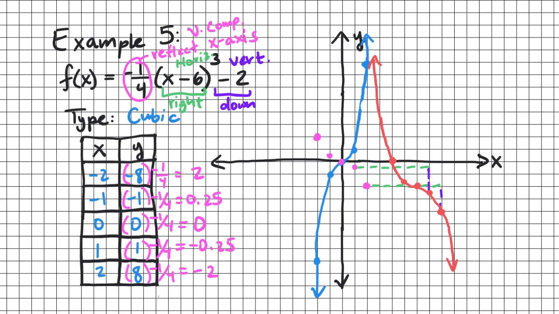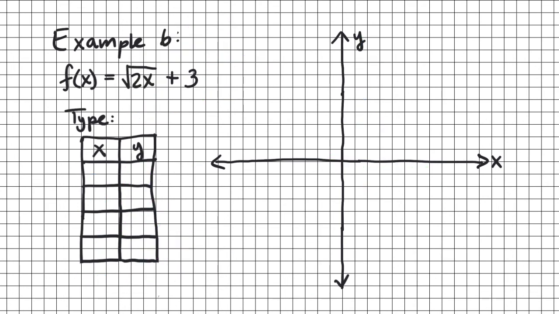Okay, that's example 5. Now let's look at the last example, example 6. What type is this one? I see that there's a square root. The points for square root are 0, 0, 1, 1, 4, 2, and 9, 3.